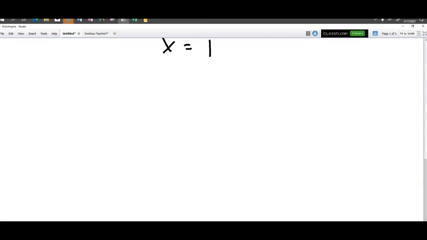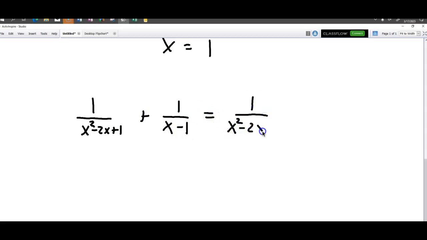Maybe you guys can help me out. It was 1 over x squared minus 2x plus 1 plus 1 over x minus 1 equals 1 over x squared minus 2x plus 1.